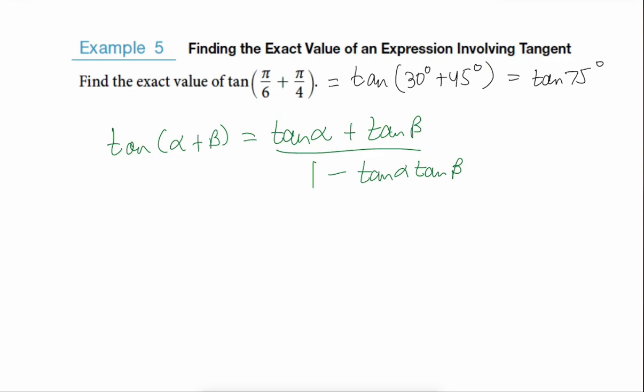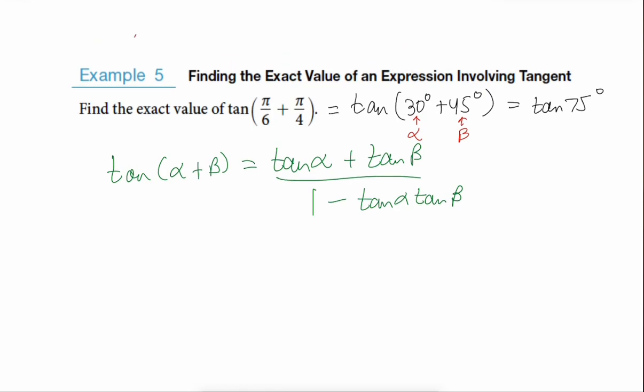You need to know how to work with fractions. So first, this is going to be our alpha. This is going to be our beta. Anyway, let's talk about the tangent of 30 and the tangent of 45.